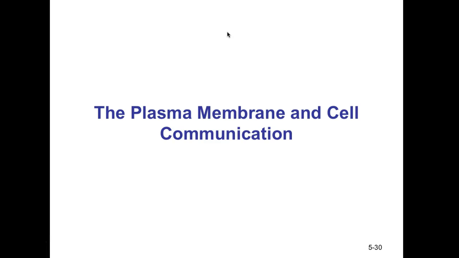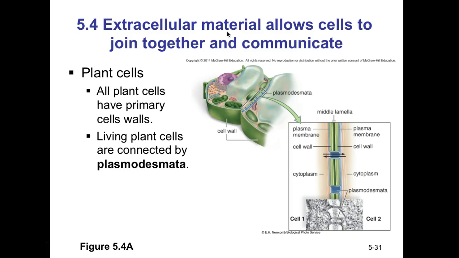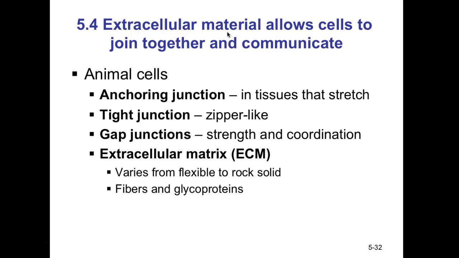Cell membrane communication. Cells do communicate with one another. We looked at some of these already. Extracellular materials allow cells to join together and communicate. Plant cells, all plant cells have primary cell walls. Living plant cells are connected by those channels called plasmodesmata. In the animal cell, you have those anchoring junctions, which in tissues are going to allow it to stretch.